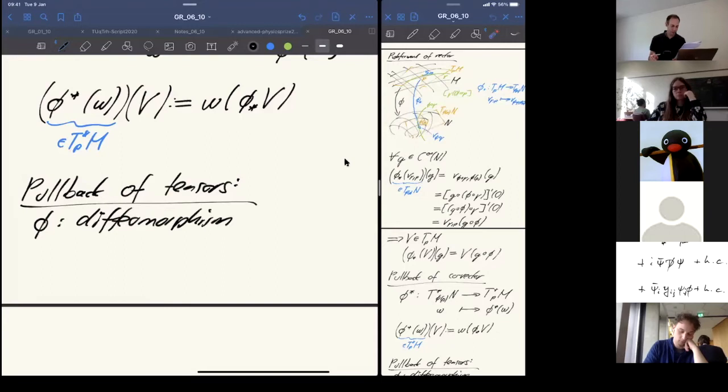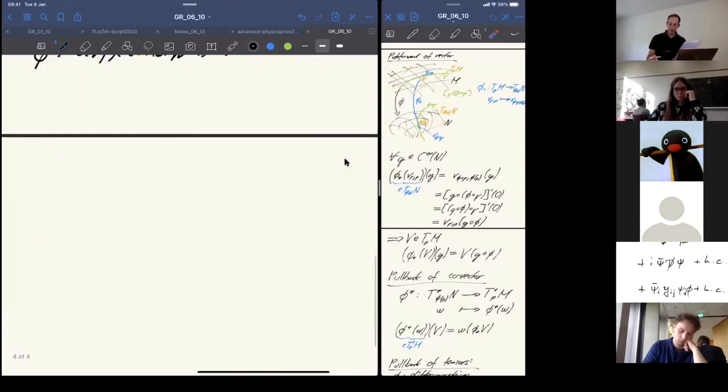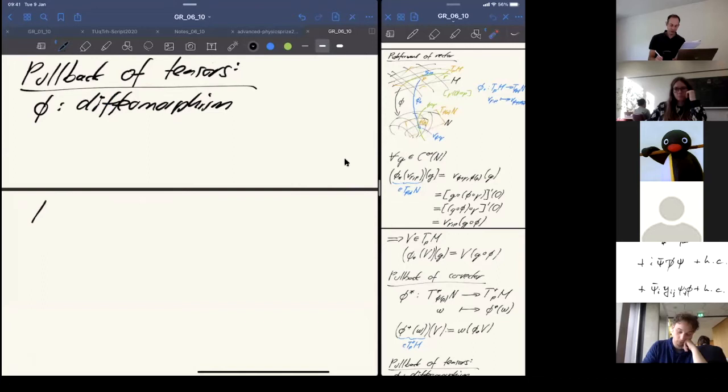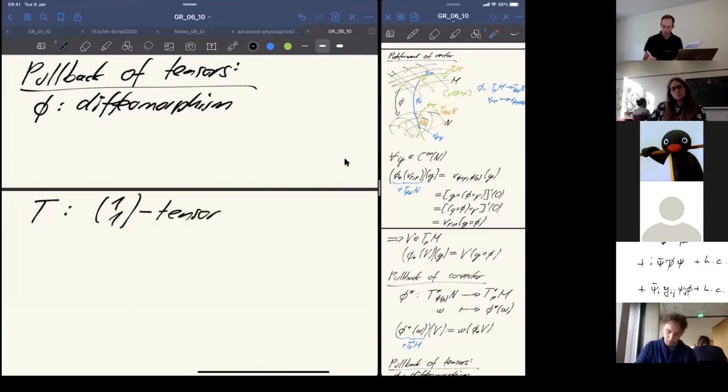no longer only differentiable. In the lecture notes, there's the general case, but let me just do one example. The example is general enough so that you can immediately see how this works for a general tensor. So let's consider a 1-1 tensor T on N. So its pullback.